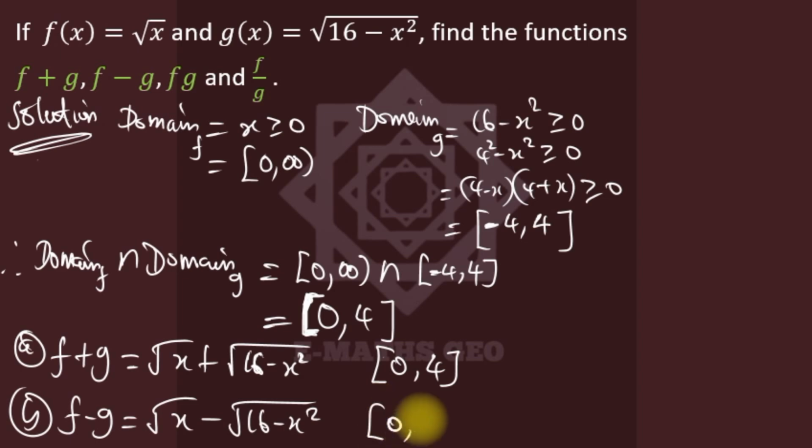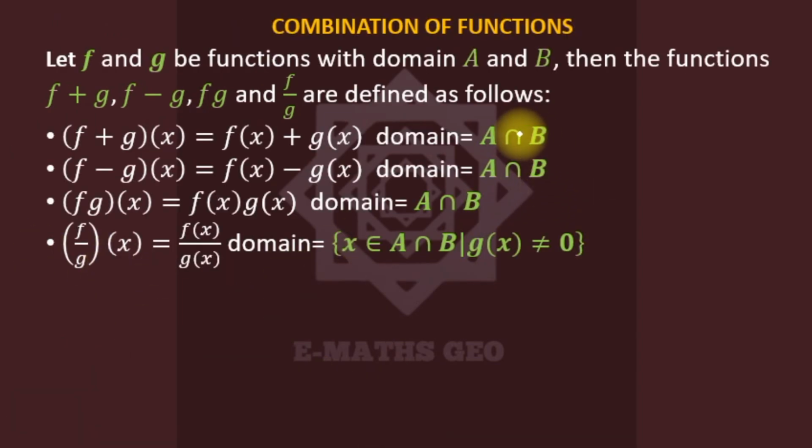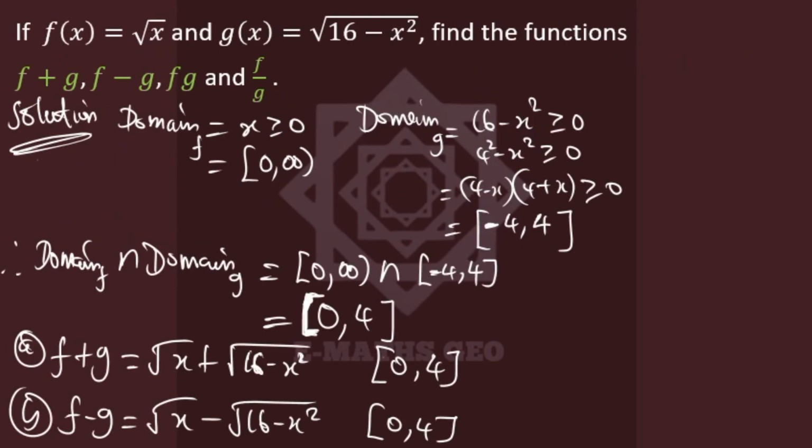The domain is still the same thing. If you check what I said before, they will have the same domain. It's only the division that we need to be careful. We won't include where the denominator is 0.